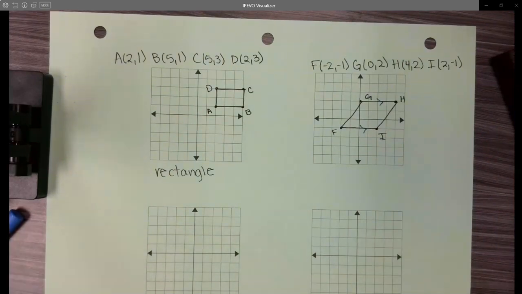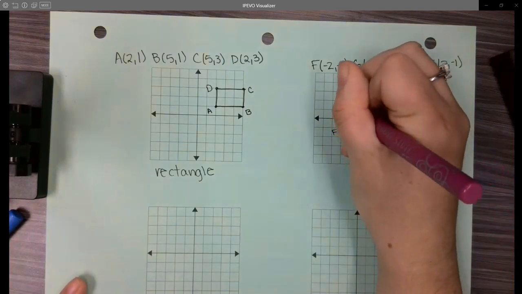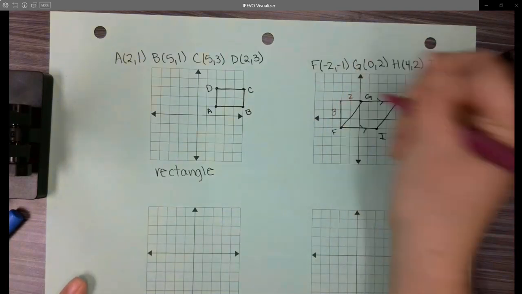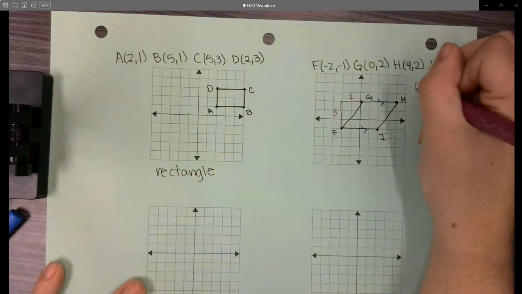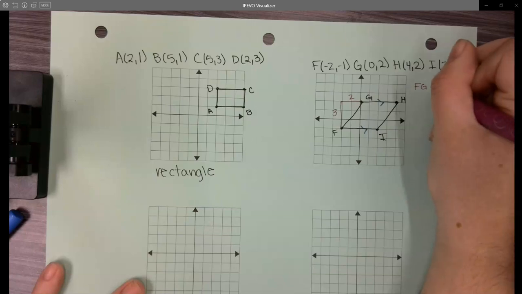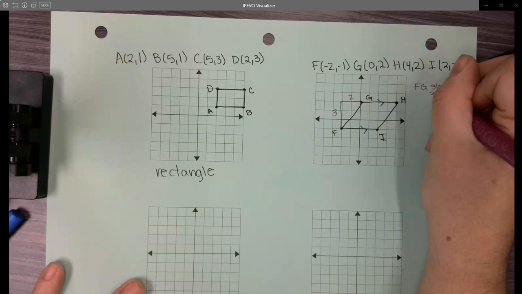So what I can do is I can use my slope. So I'm going to draw a slope triangle on here. I'm going up 3 over 2. So remember, it's rise over run.